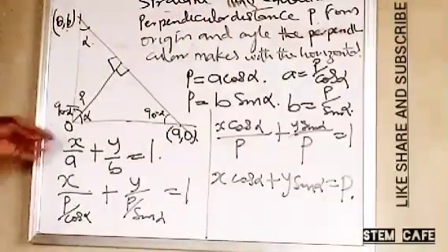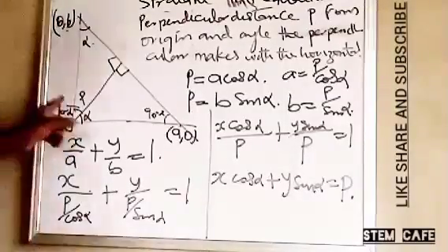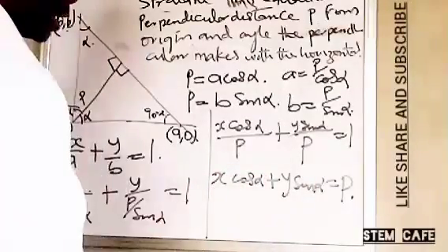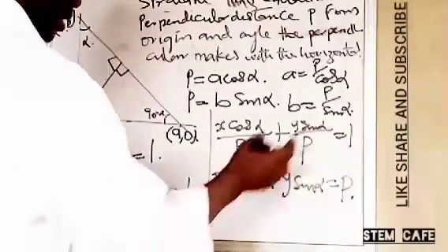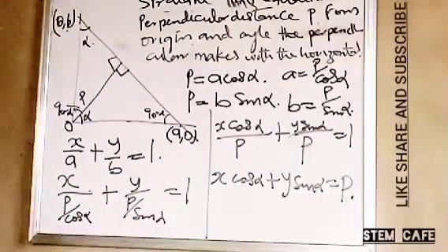So when we have the angle the perpendicular from the origin is making with the horizontal, and the distance from the origin, the equation will be x cos alpha plus y sin alpha is equal to p. Thank you.